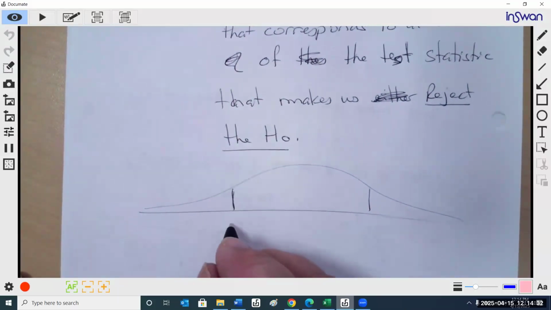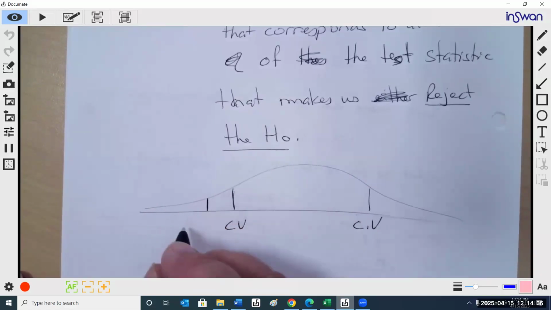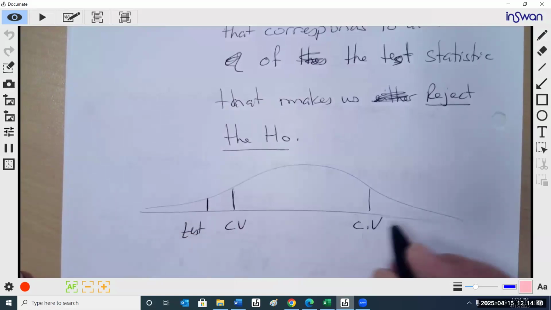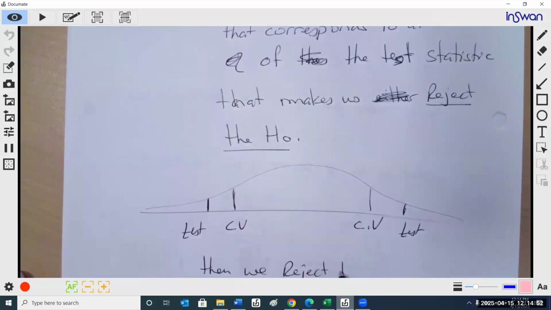Once you find your critical values, if your z-score or whatever test you have falls here or here, if it falls in there, then we reject the null hypothesis.